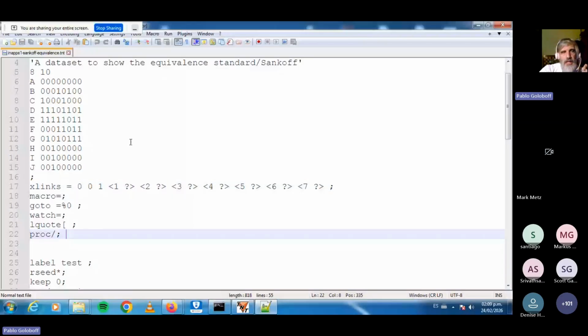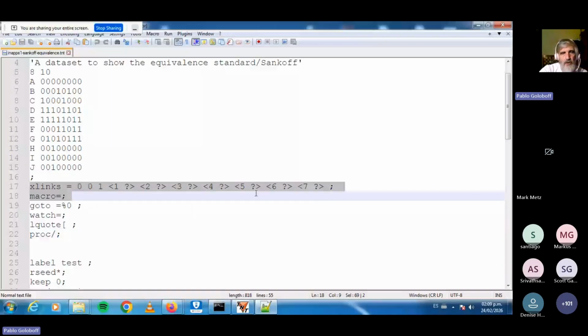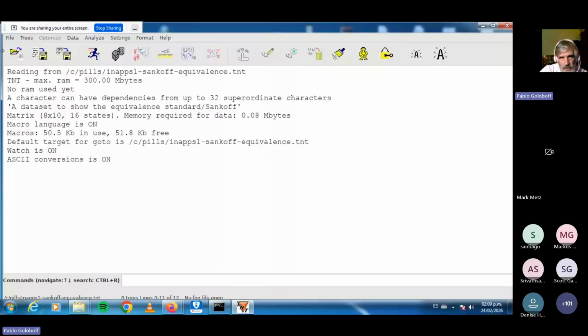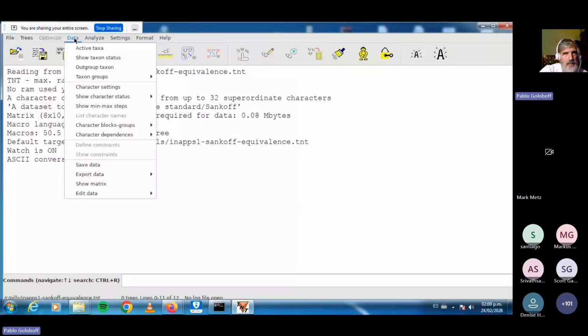This is going to do exactly the same recoding I showed when I introduced the use of Sankoff recoding and morphotypes. Remember? Every combination is valid. This is how you would recode into a single character a bunch of characters which are independent. If I read this with TNT, how many states should I have?